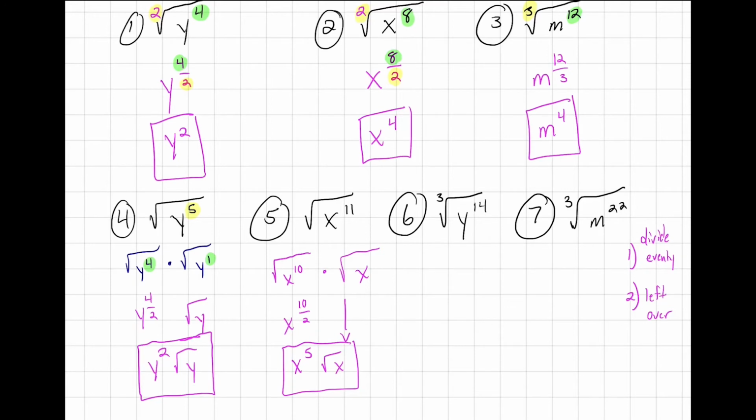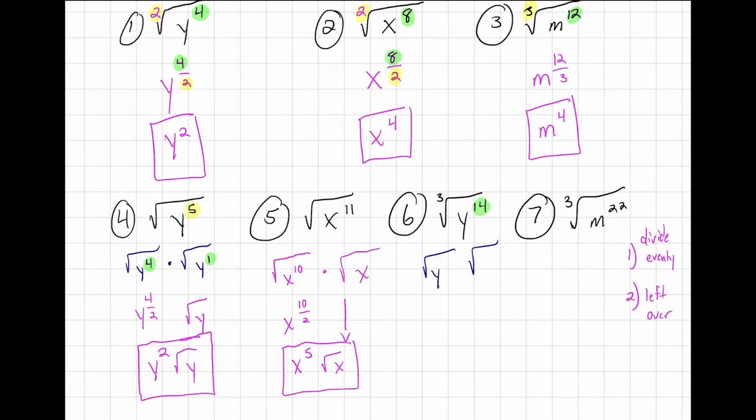I think about my multiples of 3, right? I've got 3, 6, 9, 12, 15. I want to choose the largest number that does not go over the exponent I'm given. So if I'm thinking about my multiples of 3, 6, 9, 12 is the largest.